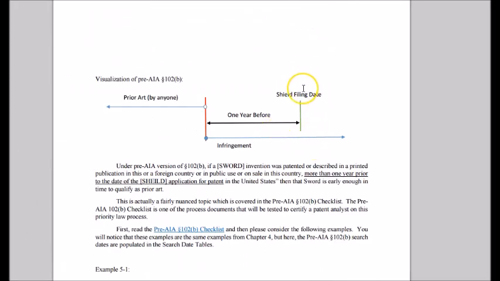And then there's a visualization of pre-AIA 102B. Here you have a shield filing date, which is the earliest effective filing date. There's a 1-year grace period, and then on this date here is a year before. Anything that happens more than a year before is prior art. Anything that happens on that day or after is infringement, assuming it's a commercial embodiment, practicing the claim language.